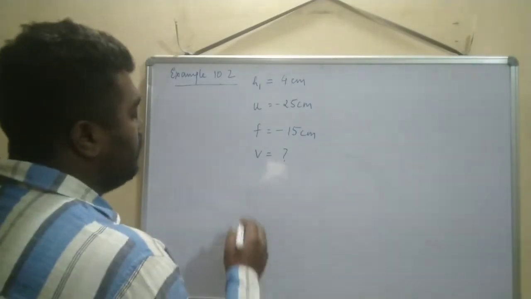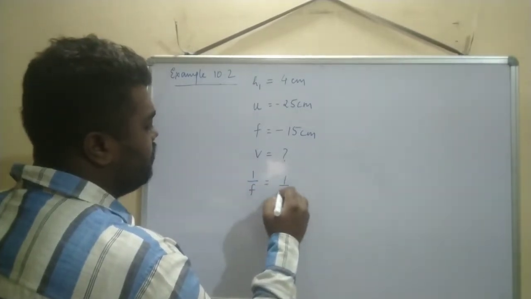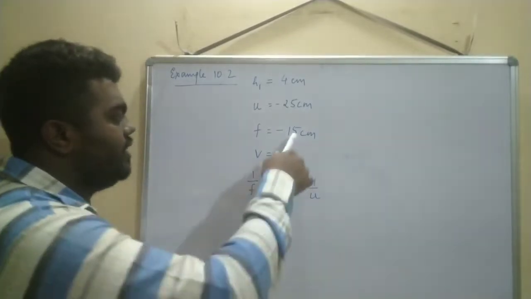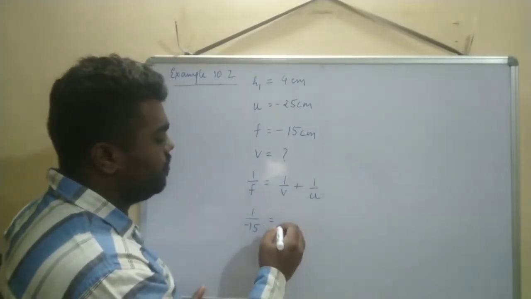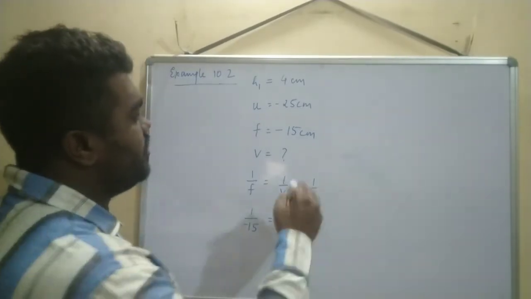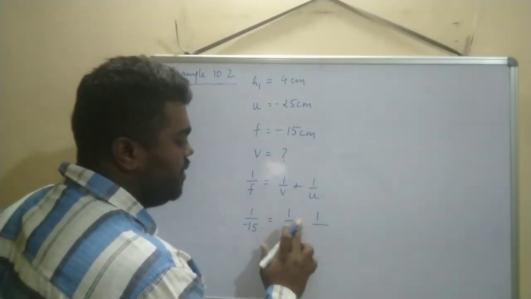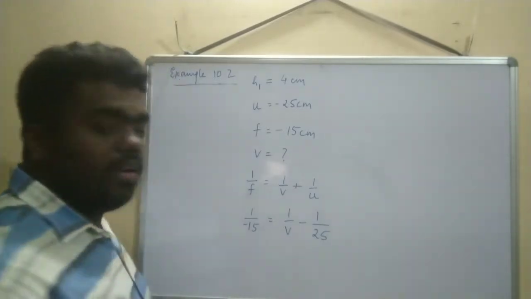So we know from the mirror formula, 1 by f is equal to 1 by v plus 1 by u. f is directly given, we will keep the value minus 1 by 15. v is required and u is given, minus 25. I am replacing this plus by minus, because plus times minus 1 by 25 becomes minus 1 by 25 with u negative, so it becomes 25.